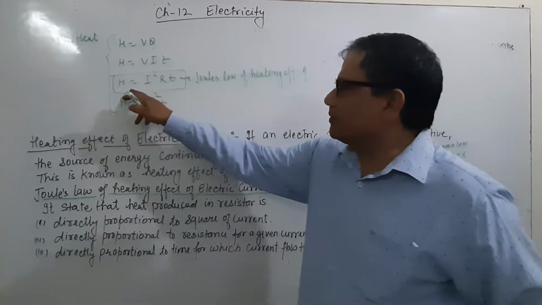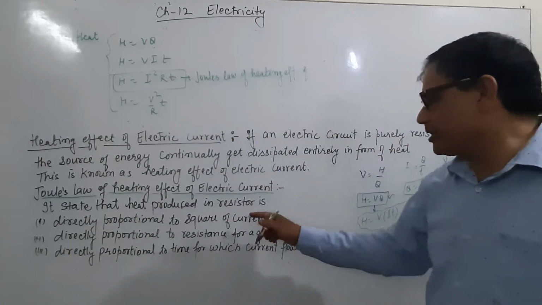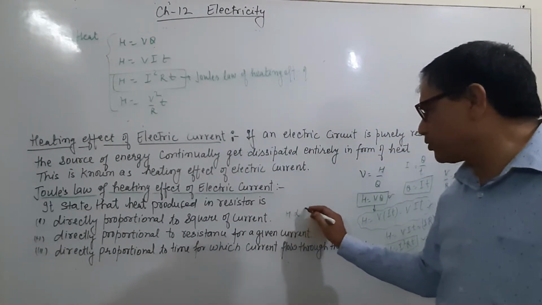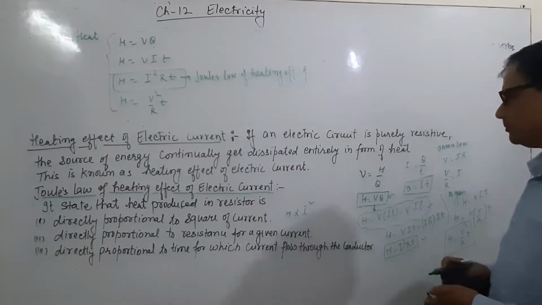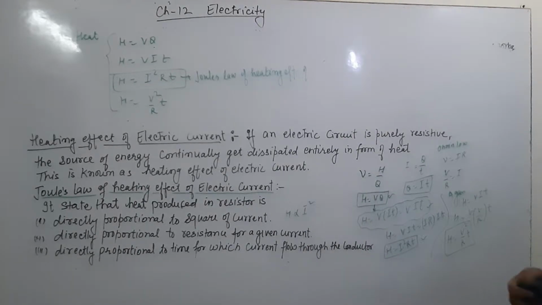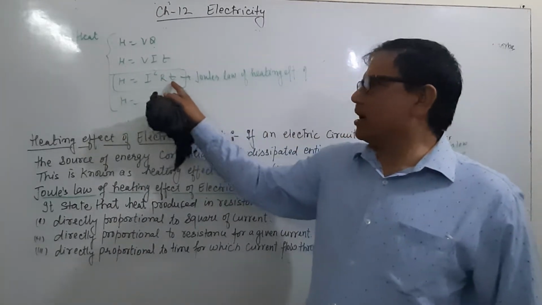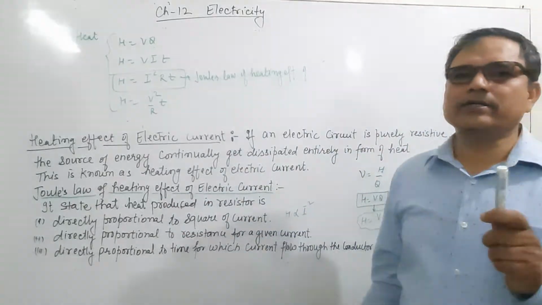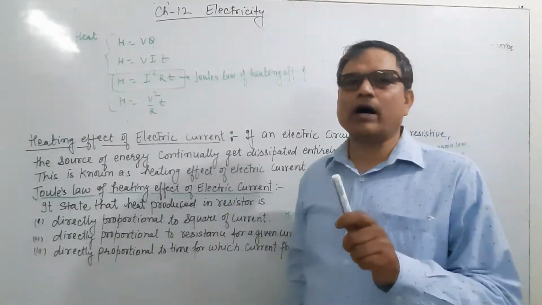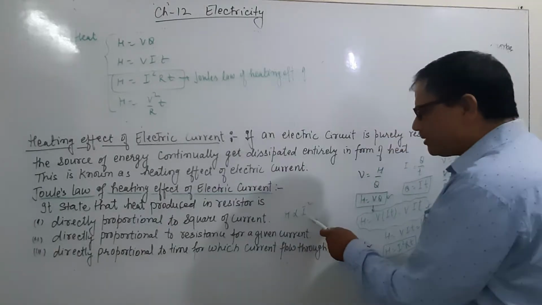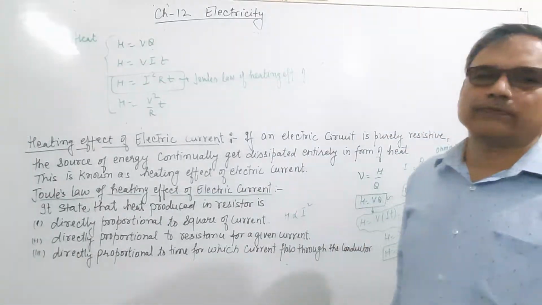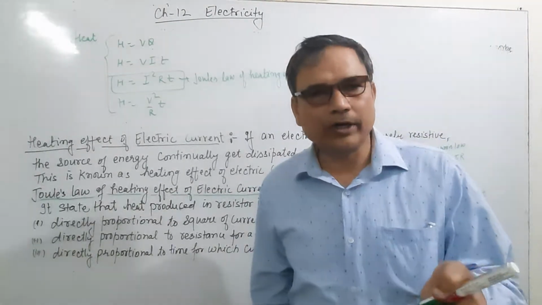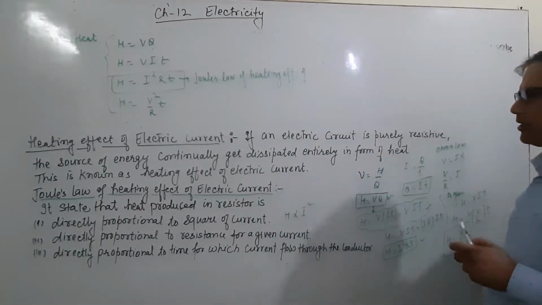First, heat is directly proportional to I square. H is equal to I square RT. It means when the amount of current increases, then heat will also increase. Listen carefully for this point.